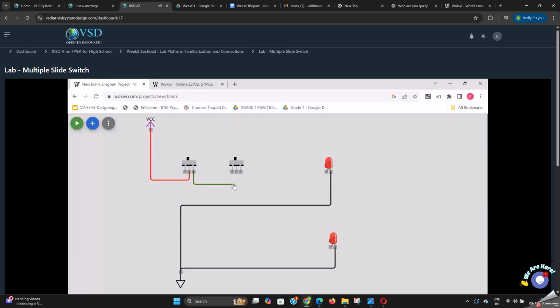From here I'm connecting it to the switch, and from here I'm going to connect it to, okay. So again I'm going to use this contact.